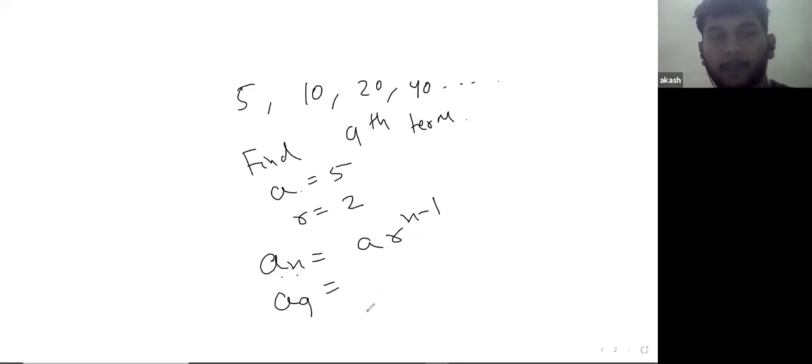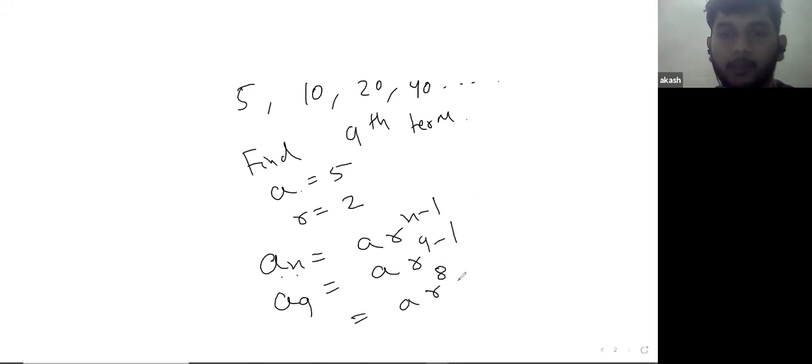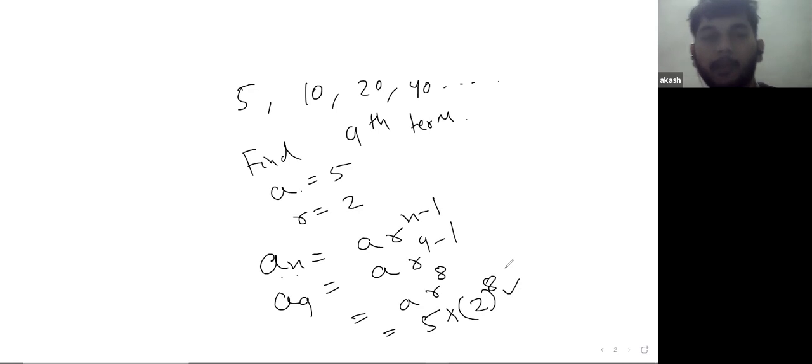Zalfa, are we clear? Okay, so this will be A R raised to 9 minus 1. So this will be A R raised to the power 8. Just put down the values of A and R, you'll have your answer. So this is 5 into 2 raised to the power 8. You just calculate 2 raised to the power 8 and you will have your answer.